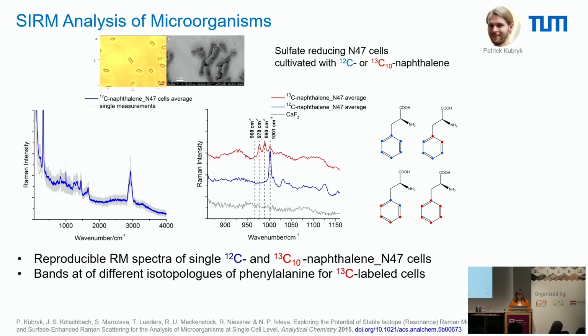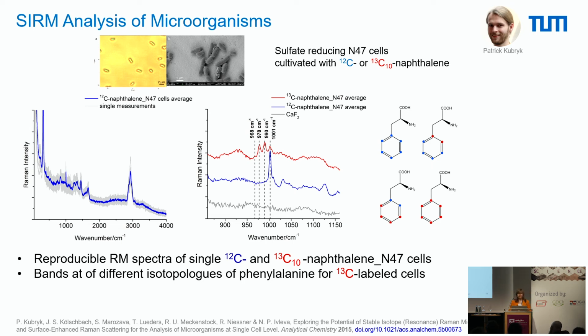So, in our laboratory, Patrick Kubrick, for a couple of years, analyzed sulfate-reducing N47 bacteria, which are able to degrade naphthalene, and we applied fully labeled naphthalene, but found not just one band for fully labeled phenylalanine, but four bands which can be assigned to phenylalanine without 13C, with 2, 4, and 6 atoms.